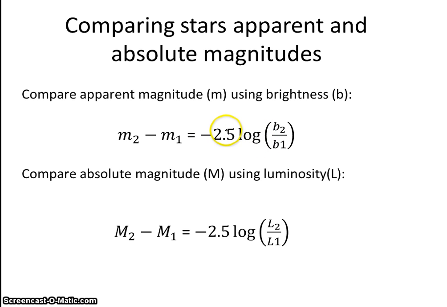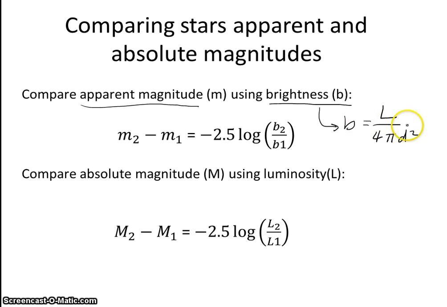The important thing to remember when using these equations is that we can compare the apparent magnitudes using brightness, because brightness, if you'll remember, is equal to luminosity over 4 pi d squared.